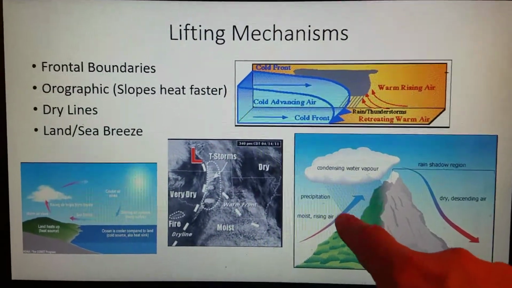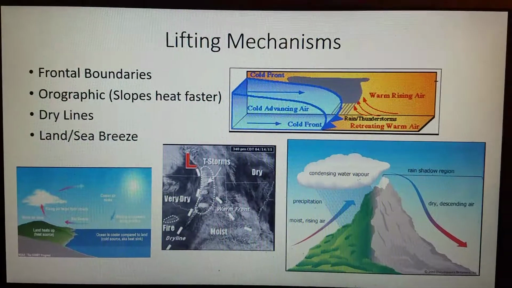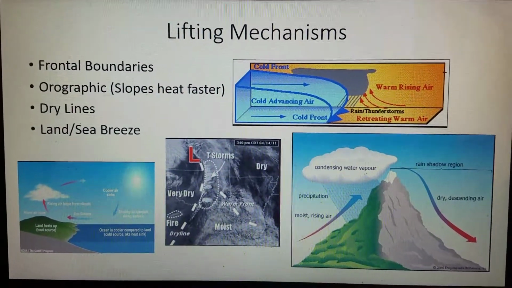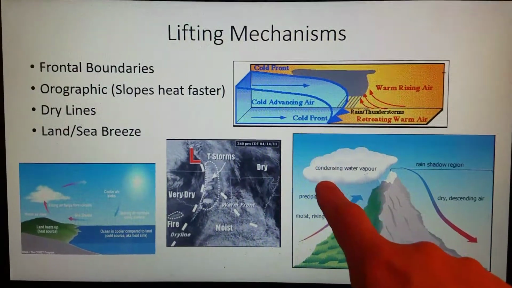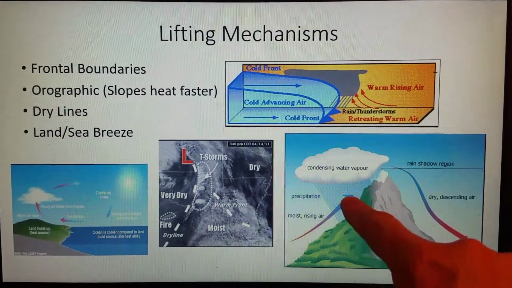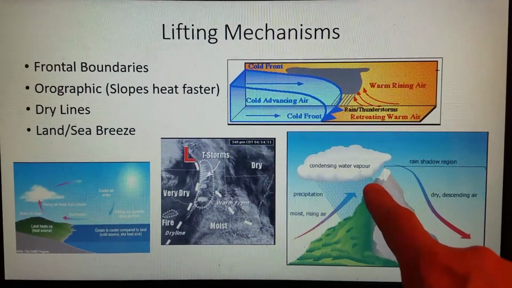In addition, the sun usually heats the slopes much quicker than the valleys below during the summertime, when that sun is much stronger. That causes air to rise up over the mountain slopes, and the valley air comes in beneath it as cooler, denser air, and that can also form thunderstorms.